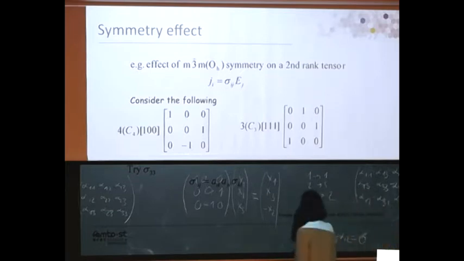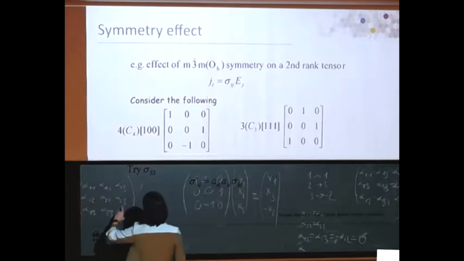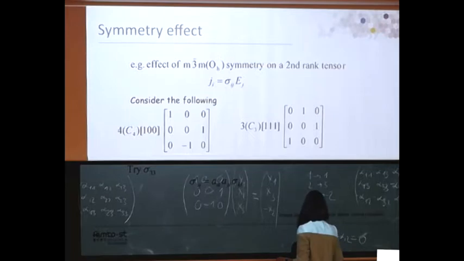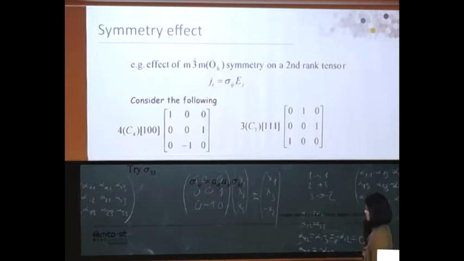And then, because I already eliminated all these, alpha 2, 3 is equal to minus alpha 3, 2, so it's equal to 0 also.